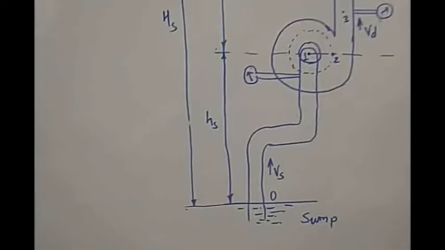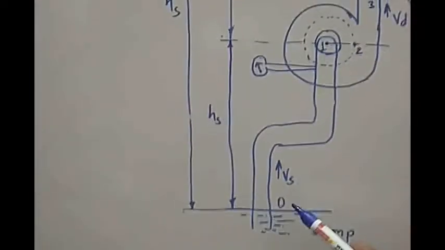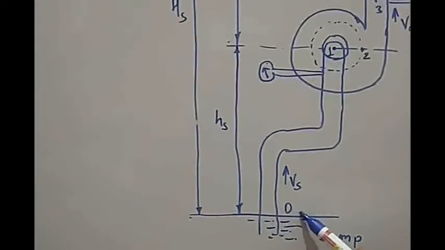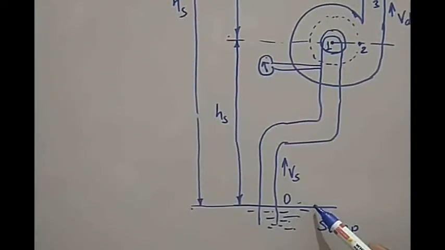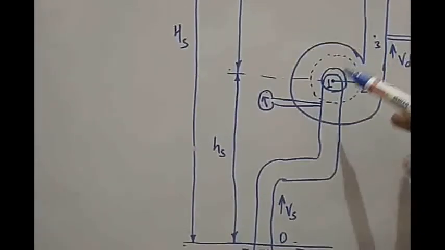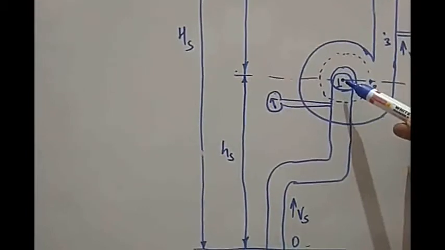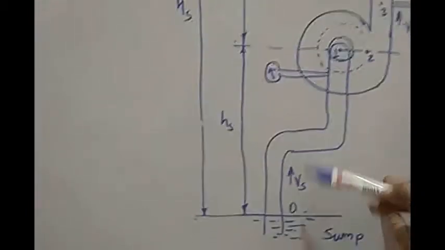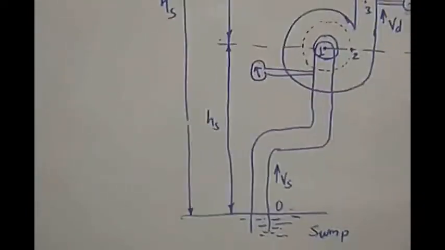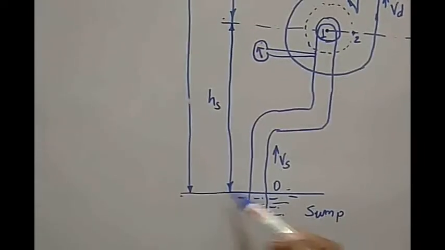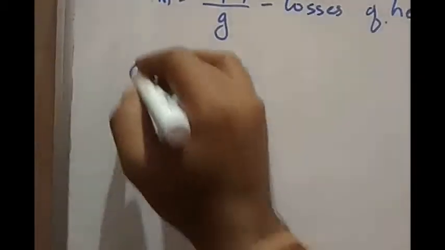Now what I am going to do is apply the Bernoulli equation at the surface level in the sump, point 0, and point number 1, which is just the inlet to the pump. So between these two points I will be applying Bernoulli's equation between 0 and 1. I will consider this as the datum line.